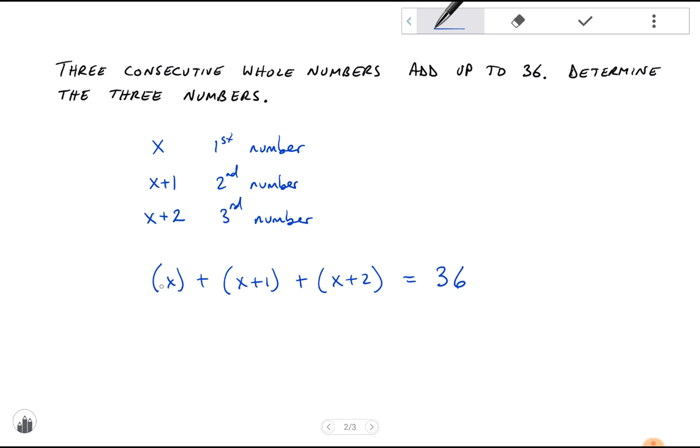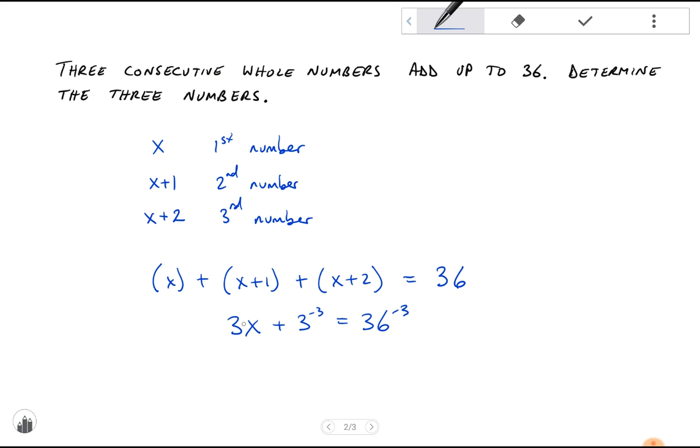Okay, so we can combine like terms. There's an x, and another one, and another one. So we have 3x, and we have 1 and 2. So plus 3 equals 36. All right, we want to get rid of this 3 on the left side, so we will subtract that 3. If we subtract from the left side, we need to also subtract from the right side.